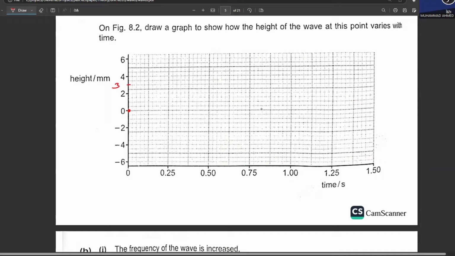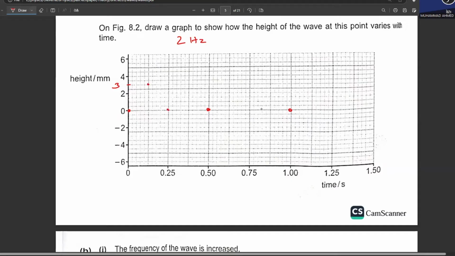And since your frequency is 2 hertz, that means two waves will be completed in 1 second. That means till here I will have two waves completed. If two waves are completed in 1 second, how much time will it take for one wave to complete? 0.5 seconds, somewhere here.